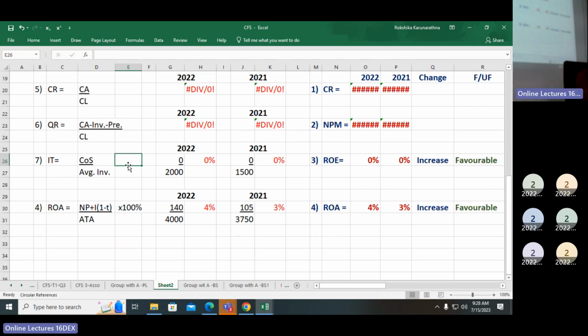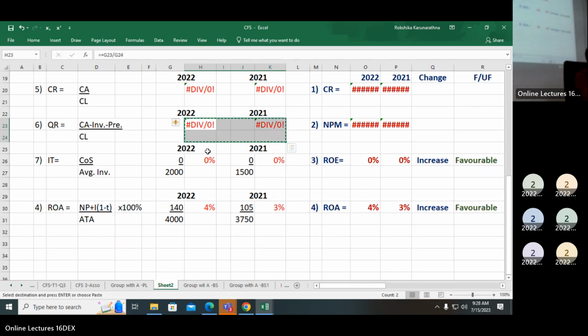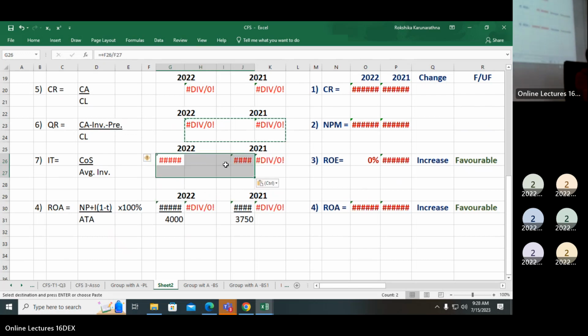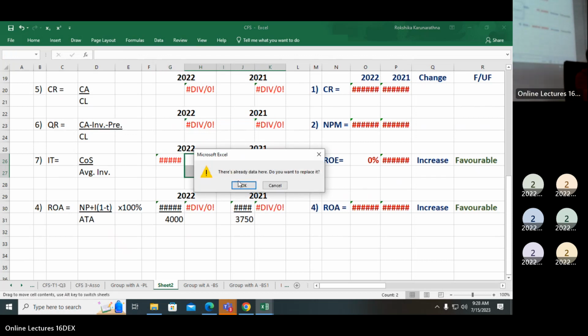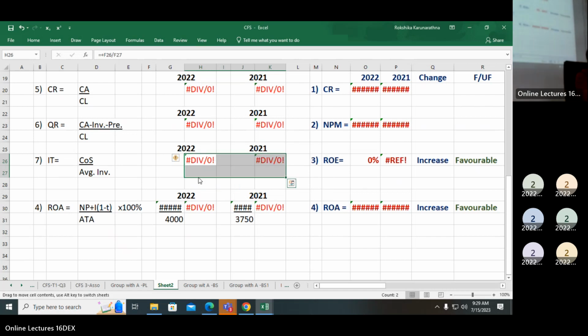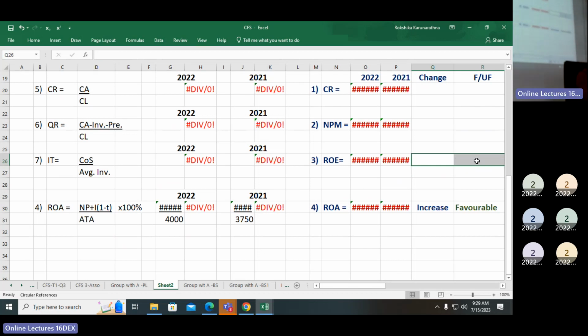This is also not multiplied by 100. We don't know whether an increase or decrease is favorable here.